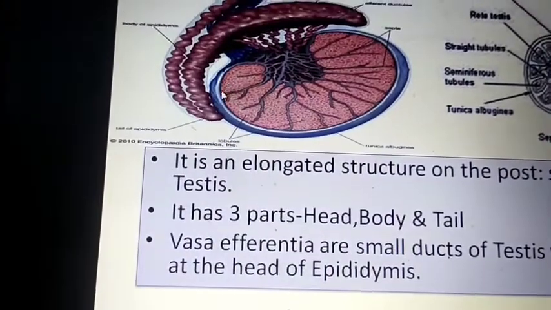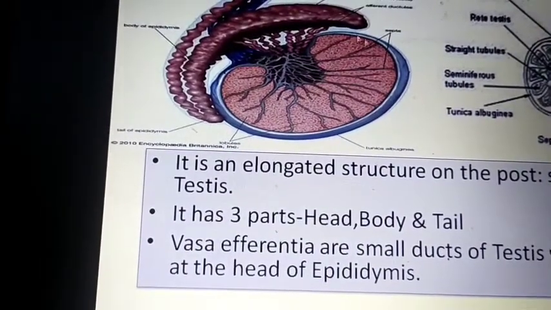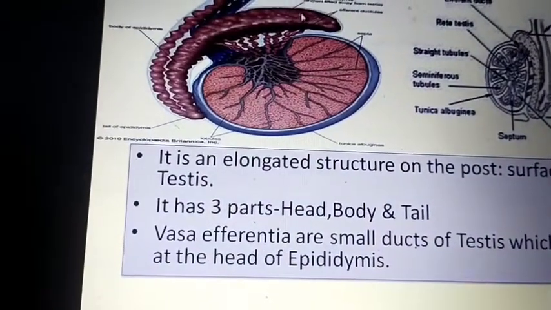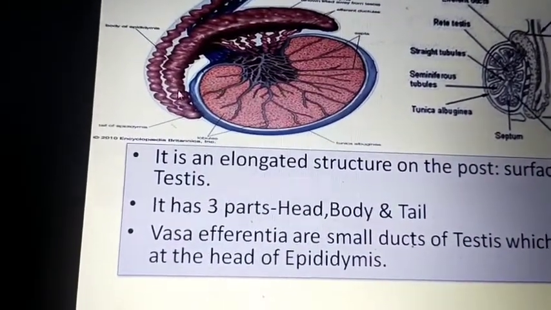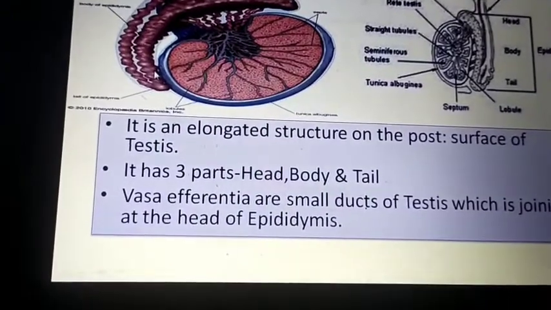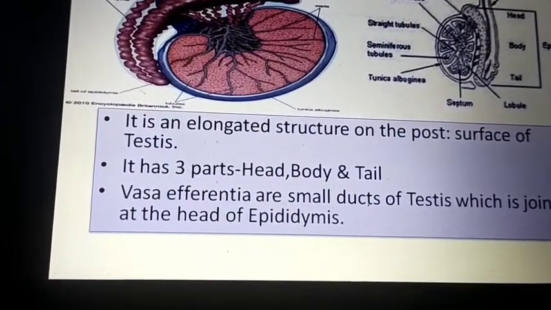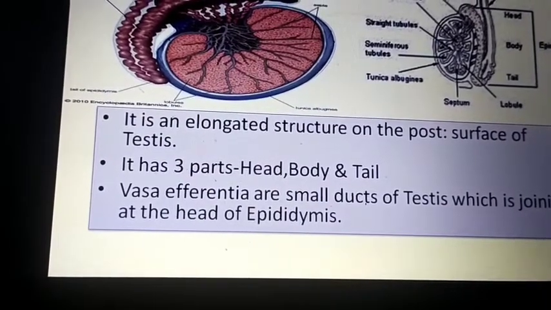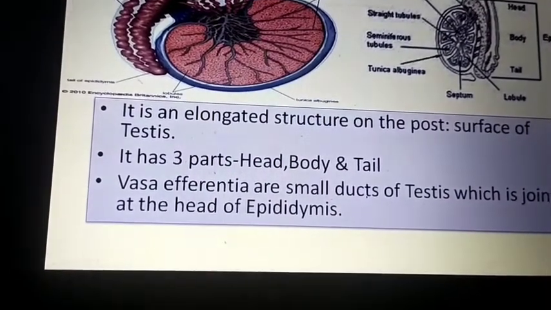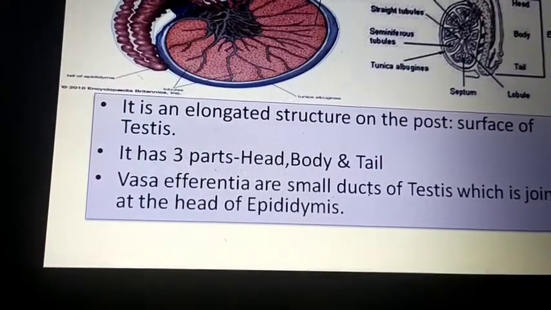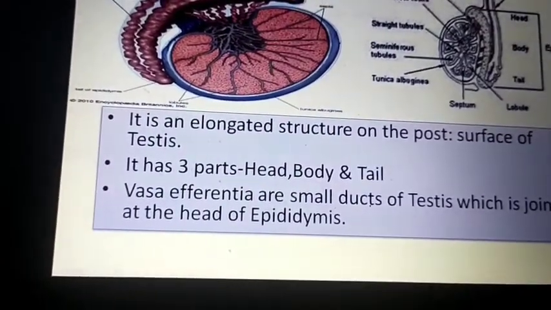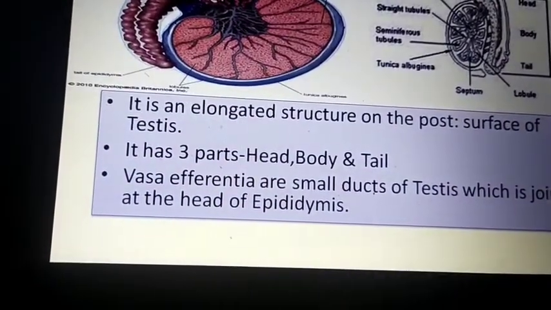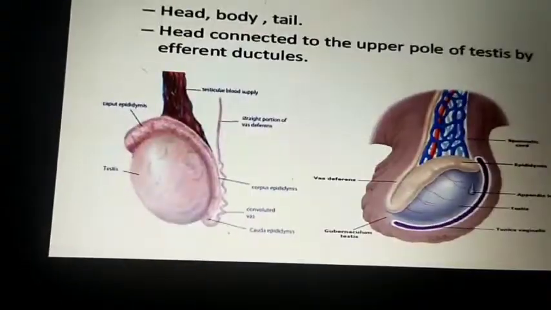It has three parts: head, body, and tail. The vasa efferentia are small ducts of the testis which join at the head of the epididymis, and this epididymis continues as the ductus deferens or vas deferens.